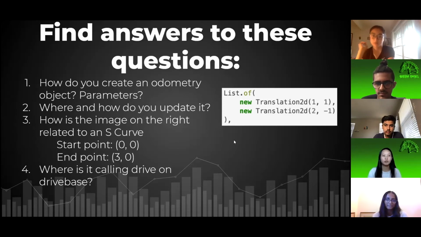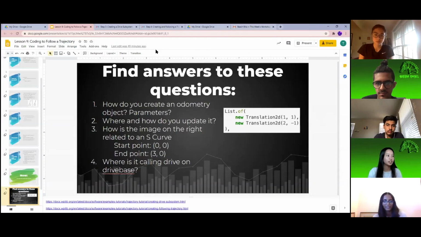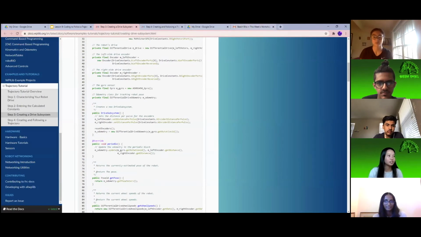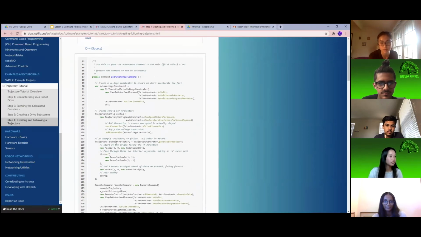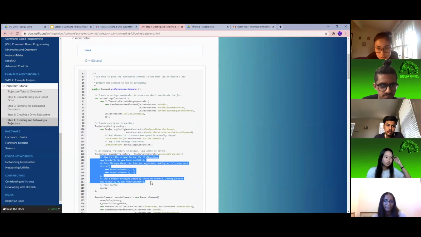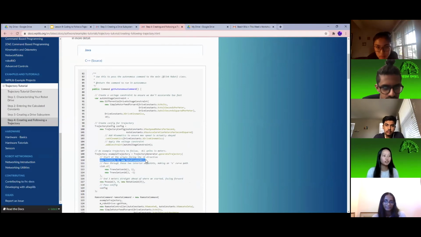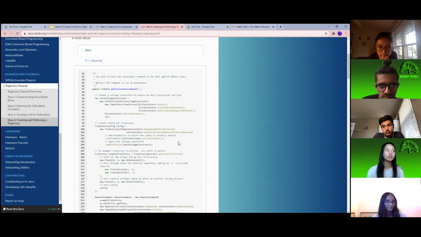If you look at the example trajectory right here, you're telling it, okay, you're starting at 0, 0, and you're facing forward. And I want you to go through these 2 waypoints. It doesn't matter how you get there, just go there and be efficient. And then I want you to end at 3, 0, facing this direction. So yeah, you guys basically got it. You were a little more specific, but you got it.